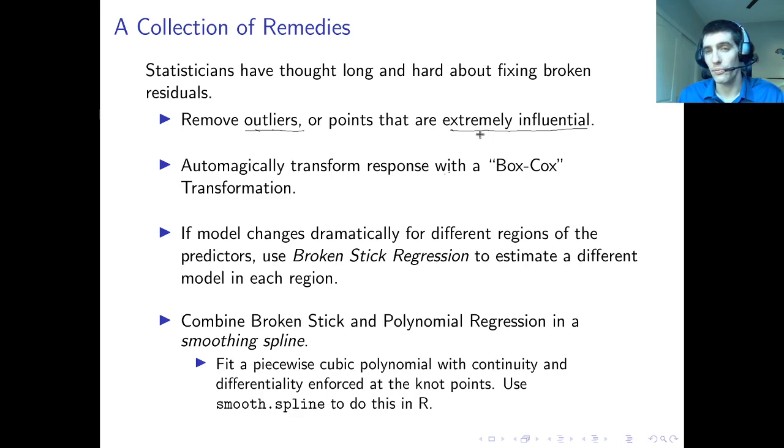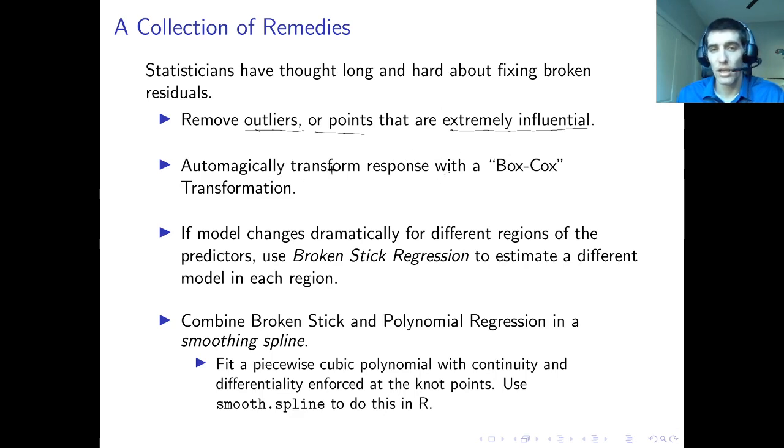By throwing away just two or three points, it sometimes happens that you can fix your residuals, and so these might be outliers in a bivariate sense. That is, they're not extremely large in x or in y, but they're extremely influential in the relationship between x and y, and maybe we have reason to discard them for the sake of fixing broken residuals.